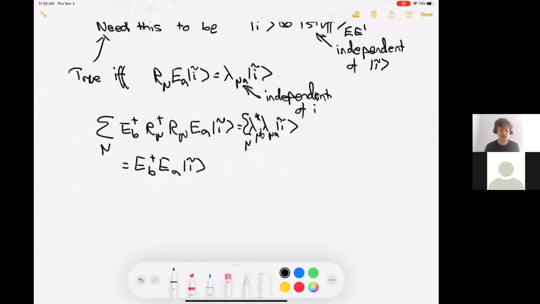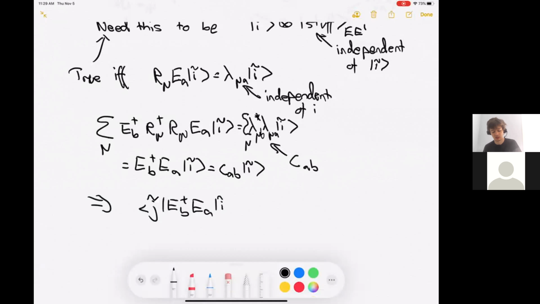Okay, so we have EB dagger, EA, I tilde has to be equal to some constant, the sum over mu of lambda star mu B, lambda mu A, but that in turn is just some matrix, CAB. Okay, so this thing equals CAB I tilde, which immediately implies J tilde, EB dagger, EA, I tilde equals CAB delta IJ.